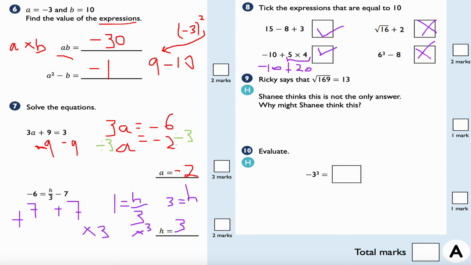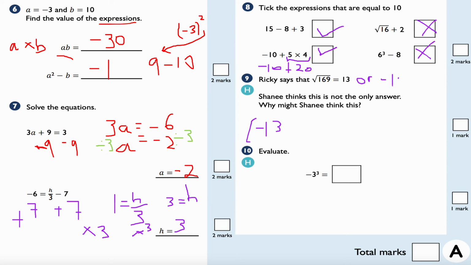This is question number 9, guys. Ricky says that the square root of 169 is 13. Shane thinks that this is not the only answer. Why might Shane think this? Because Shane might be thinking, if I square a negative, the answer could also be -13.